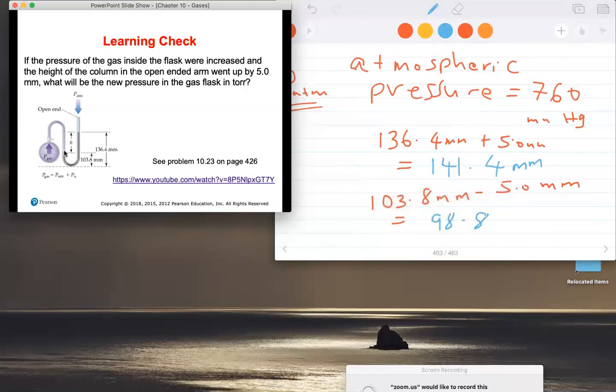It will come down further because the pressure increased. This will go up to 141.4, and the height is the difference between the two: 141.4 minus 98.8.